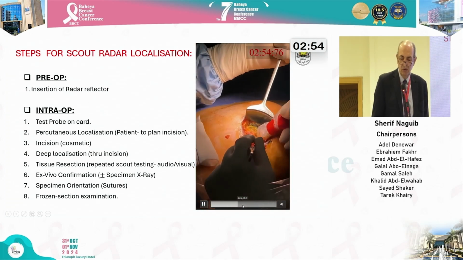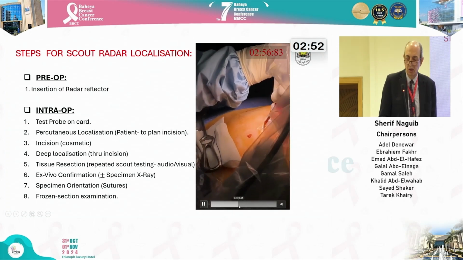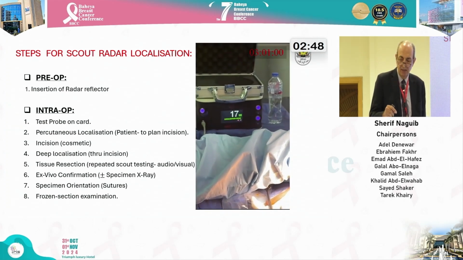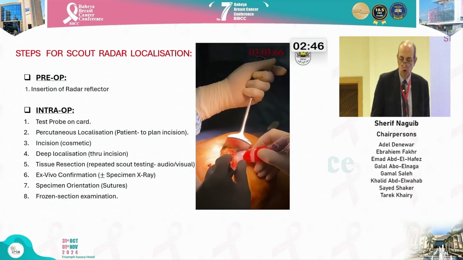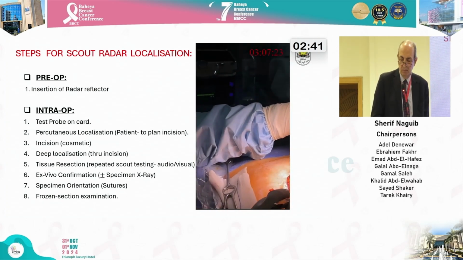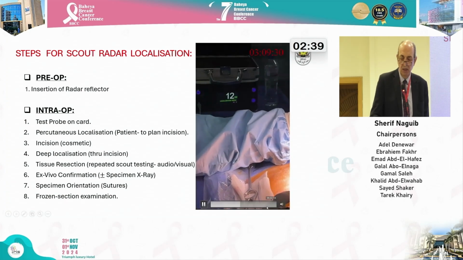Once you have dissected your lesion, you make sure that the reflector is exactly in the center using the probe again. And you can turn around the lesion in all directions.